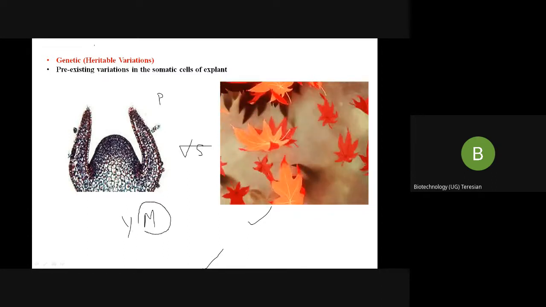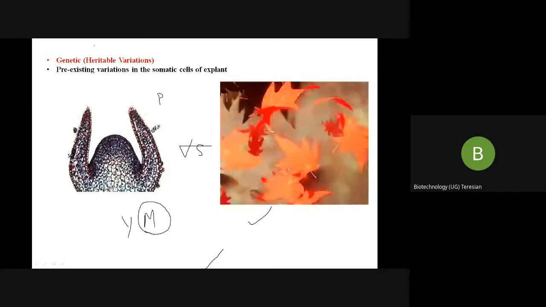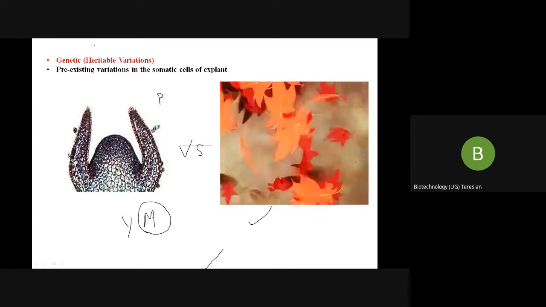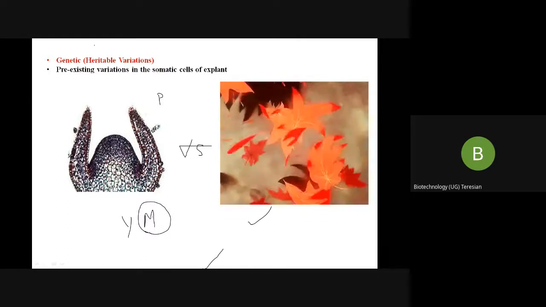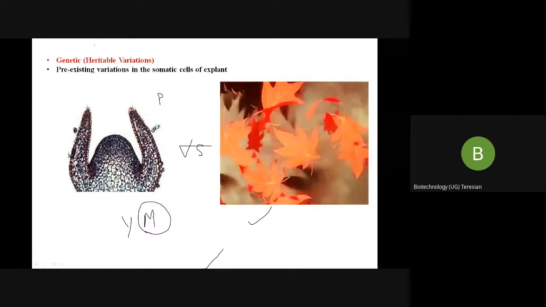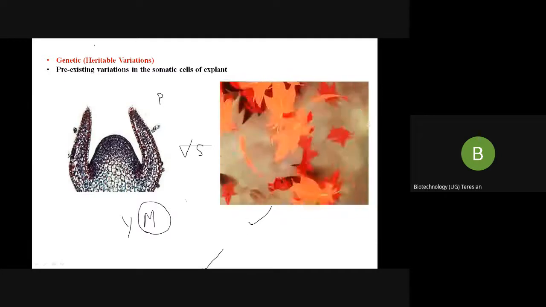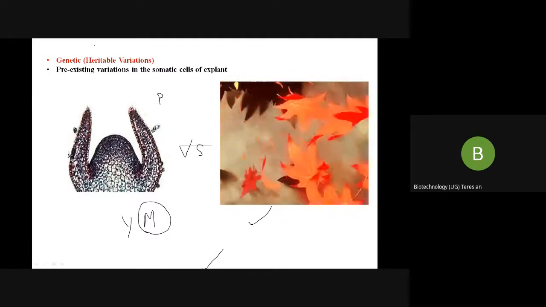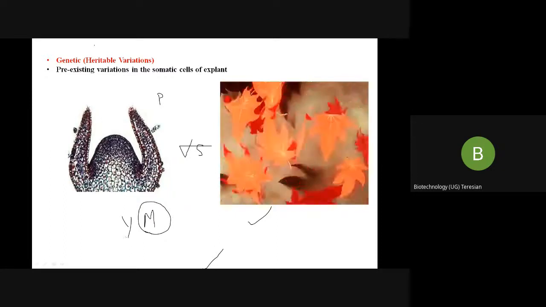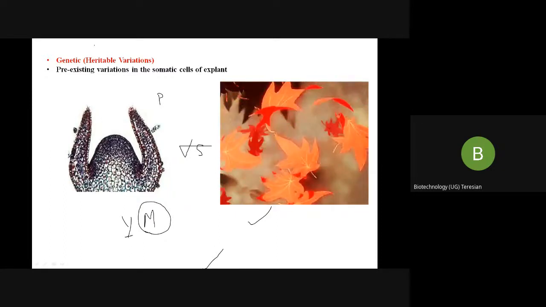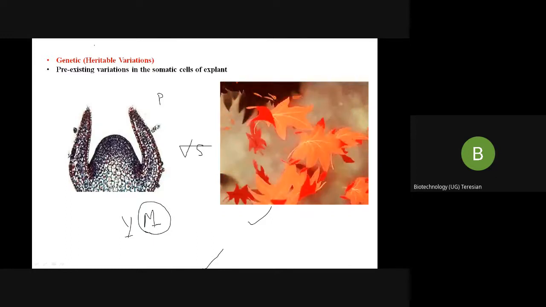Your mature leaf will undergo more variation. That is because of the age. Throughout the age, it has started accumulating certain changes. Whereas the young leaf is not as specialized as the mature leaf, so there is less variation in the young leaf when you compare it with the mature leaf.